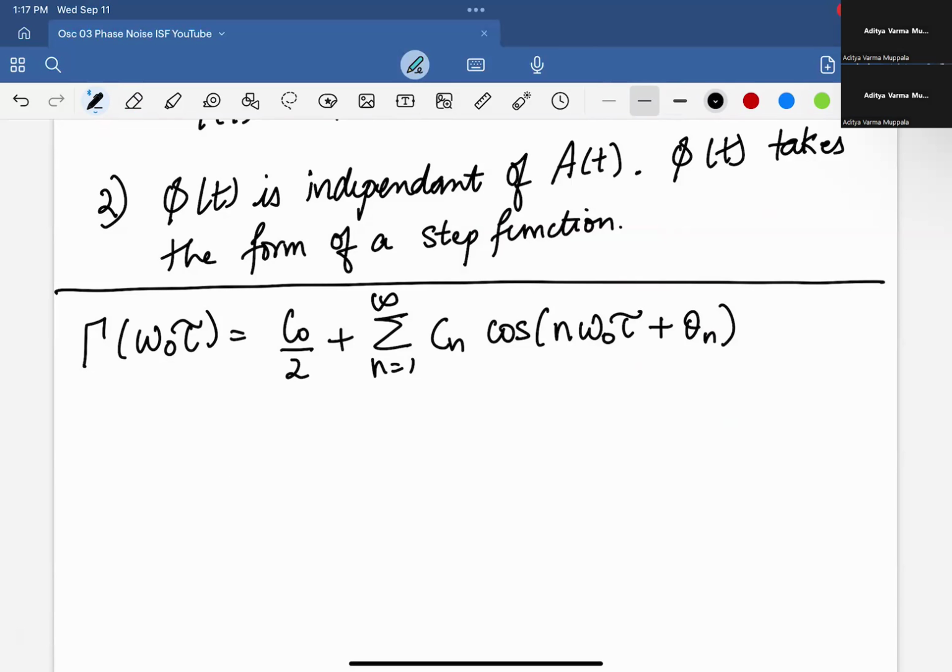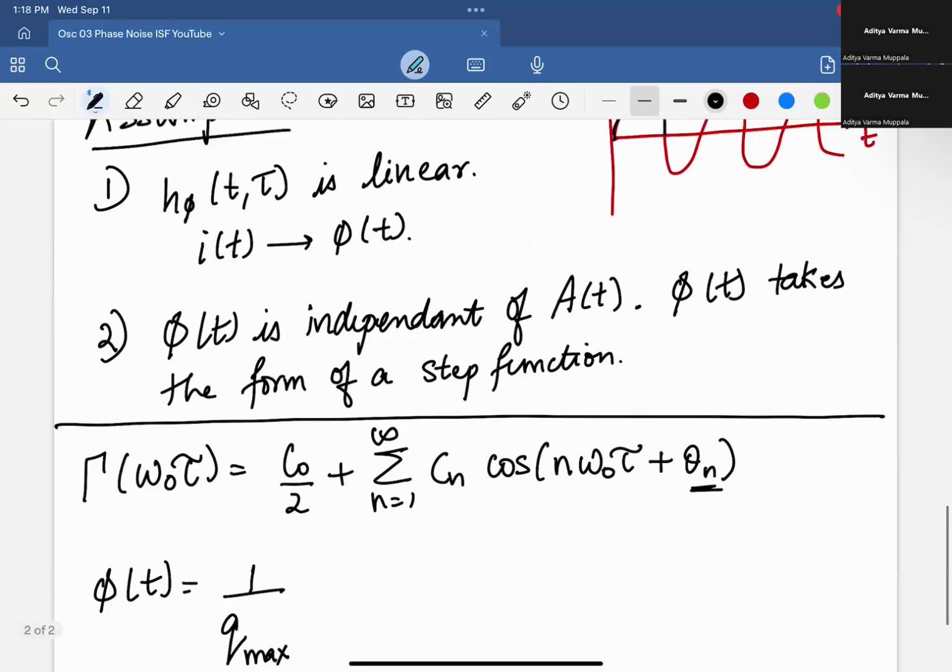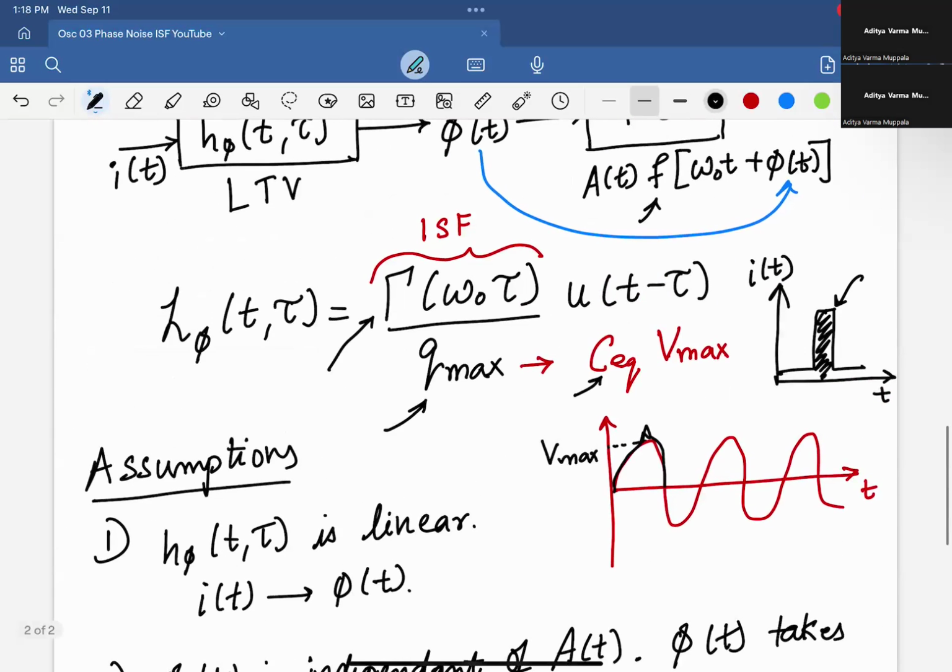And this theta n factor is not actually that relevant because the phase of a noise source is really not that important, right? And then we also said, okay, given this expansion of gamma, then you can write phi of t.